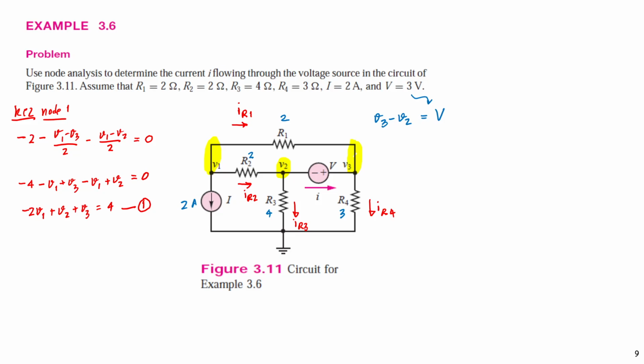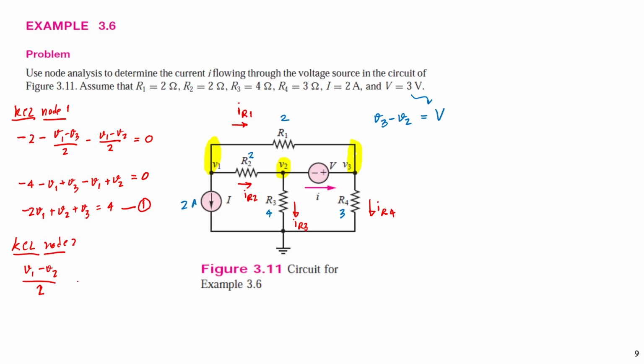Node 2, KCL at node number 2. V1 minus V2 divided by 2, right?